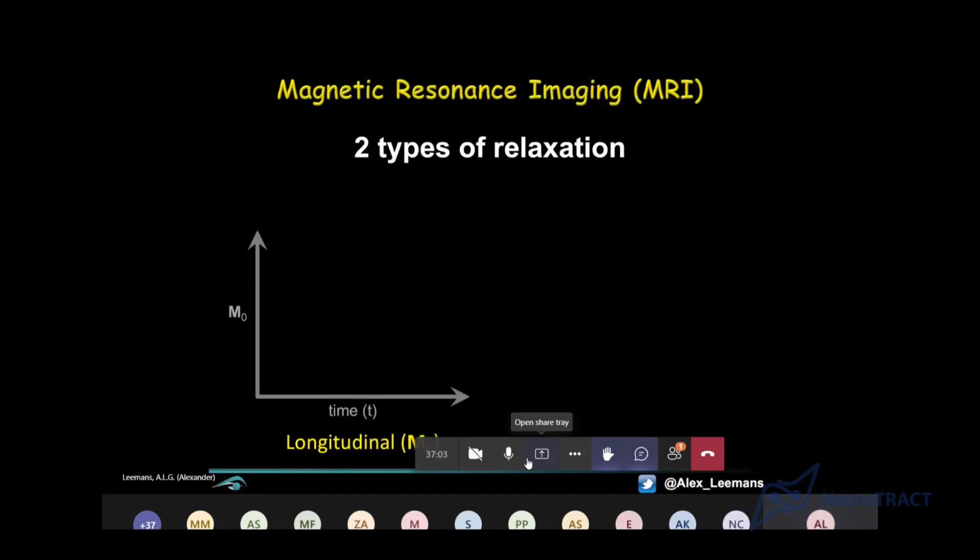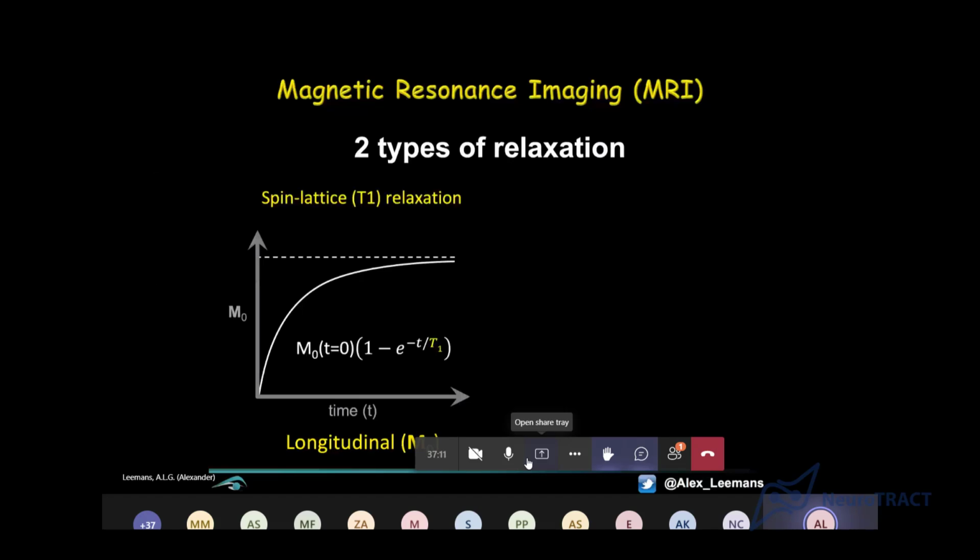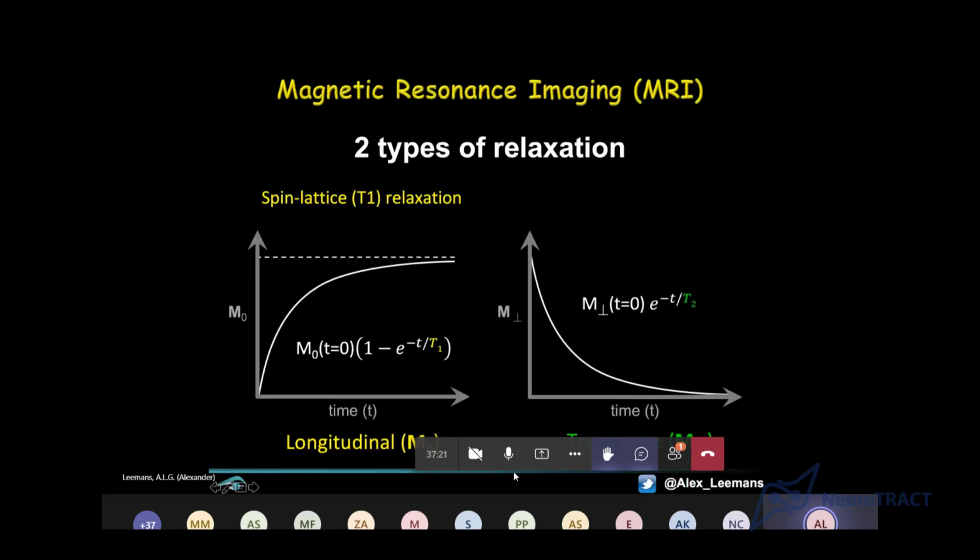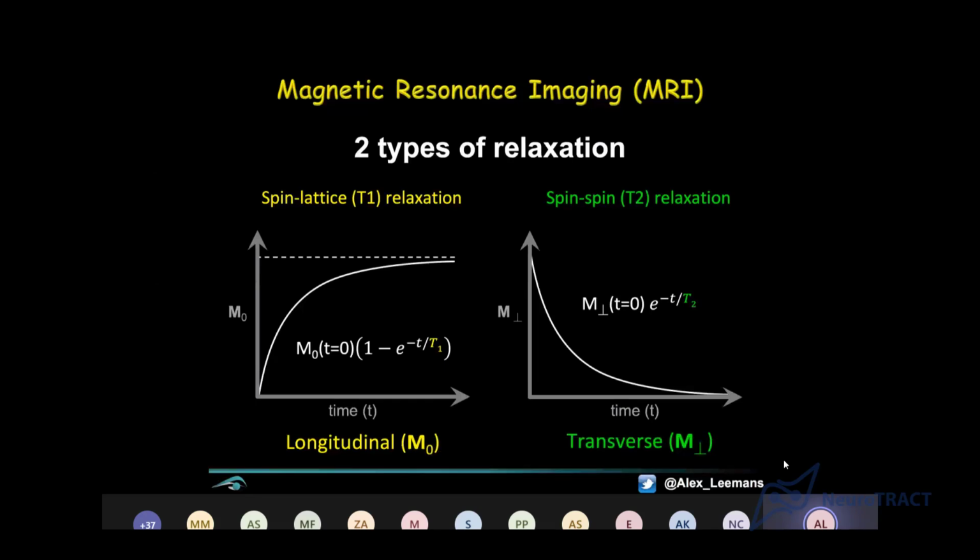Okay, so I don't know if you can see this, but there will be an animation going on. I don't know if you see this. Exactly. Okay. And then you should also see the transverse relaxation. All right. Okay. So yes, and the transverse relaxation is called spin-spin relaxation.